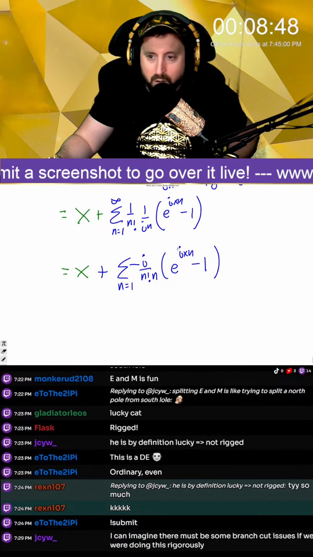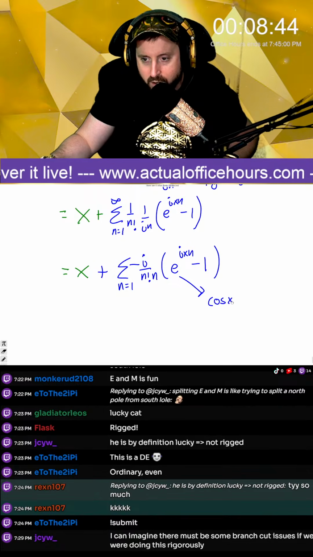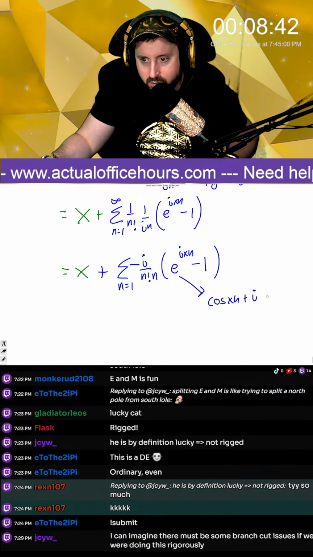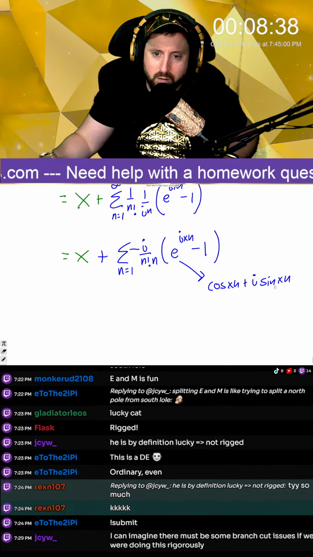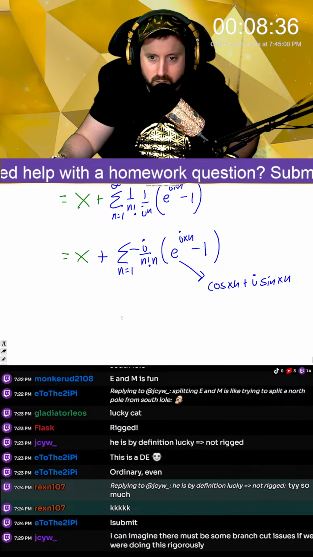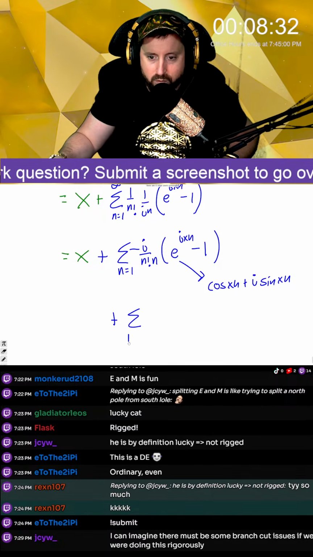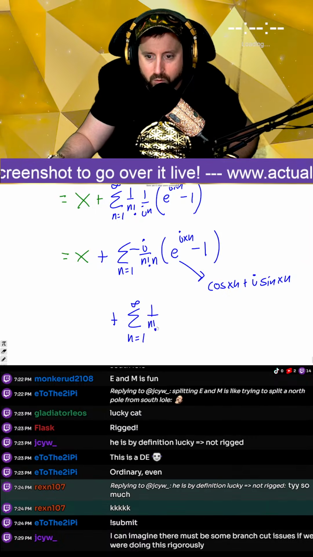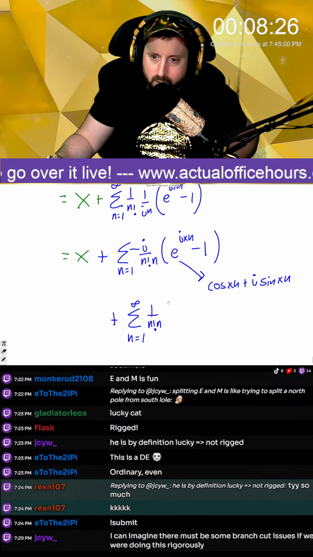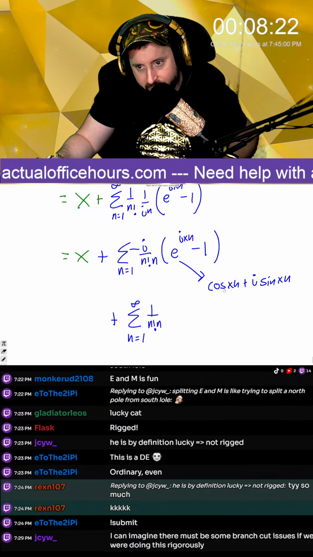Let's do it. All right, so then this by Euler's formula is cosine xn plus I sine xn. Right? Yep. Okay. And then we'll just multiply through by the negative I. So summation n equals 1 to infinity, 1 over n factorial times n. And then that's going to be, oh man, the minus I. I gotta think here.